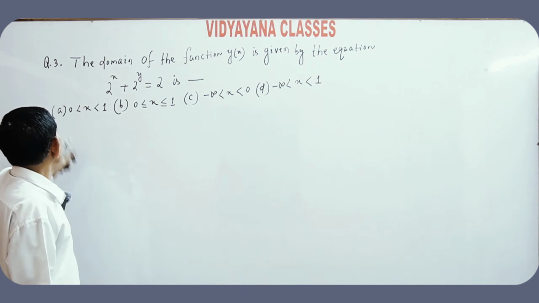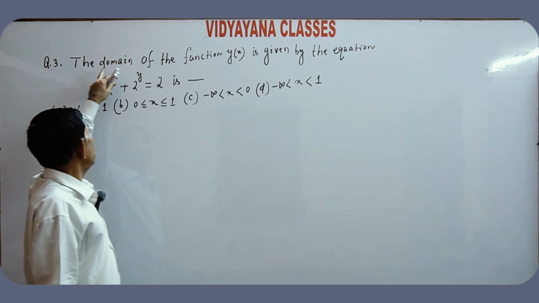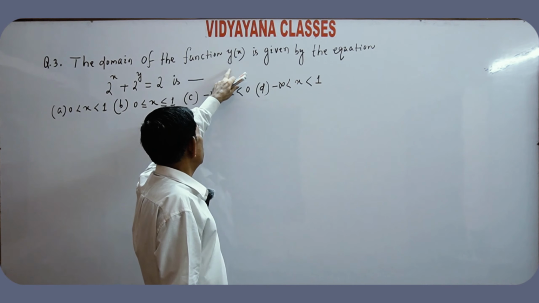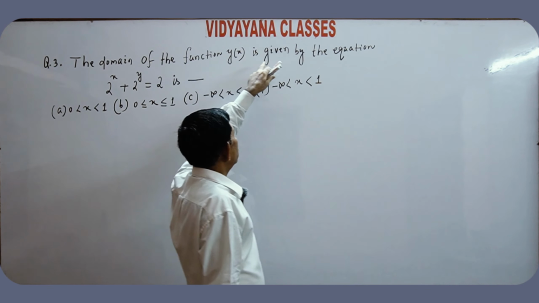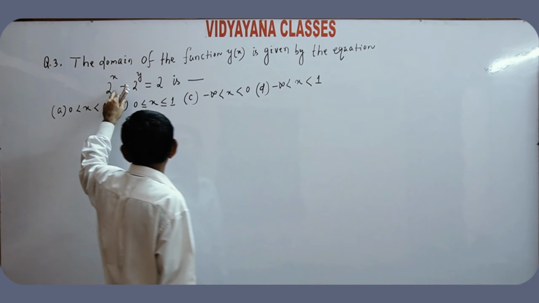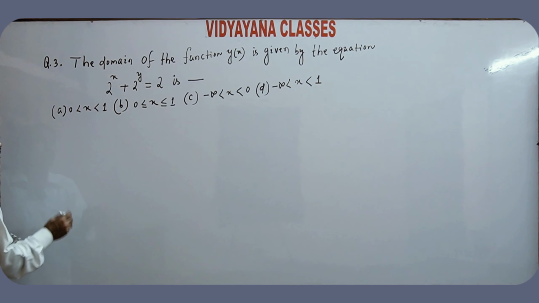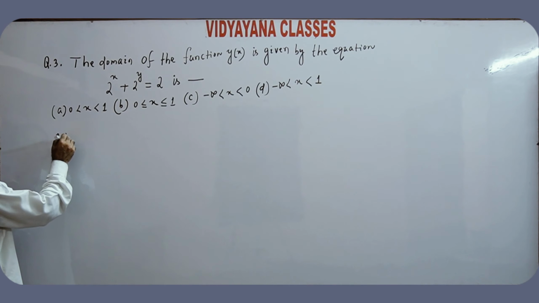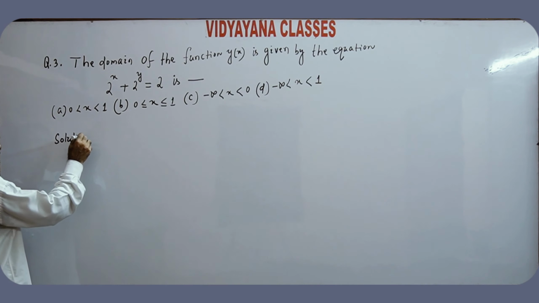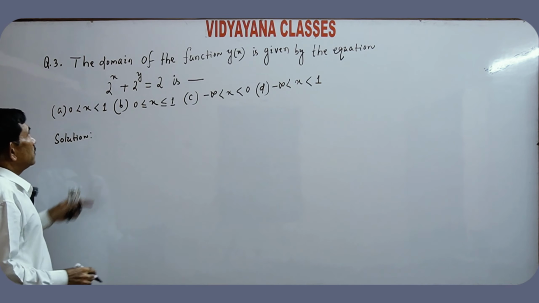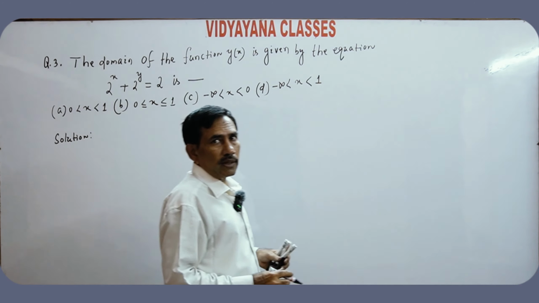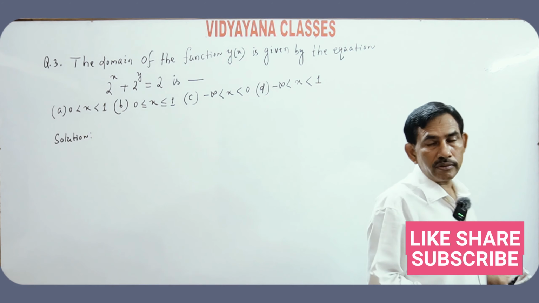Next question, question number 3. The domain of the function y as a function of x, given by the equation 2^x + 2^y = 2, is dash. Domain of the function means the collection of x values.